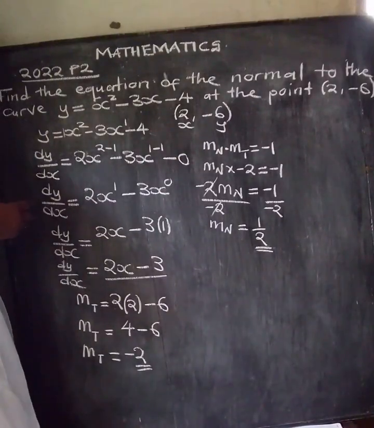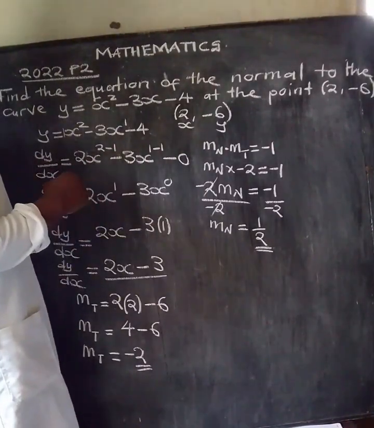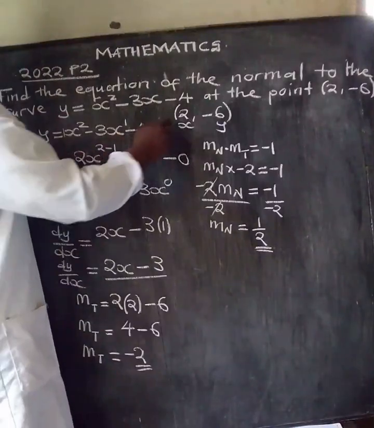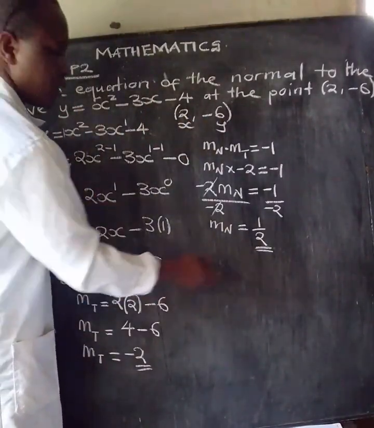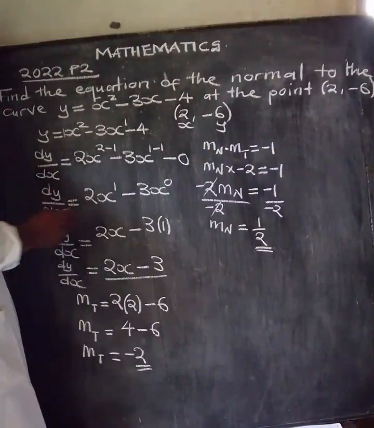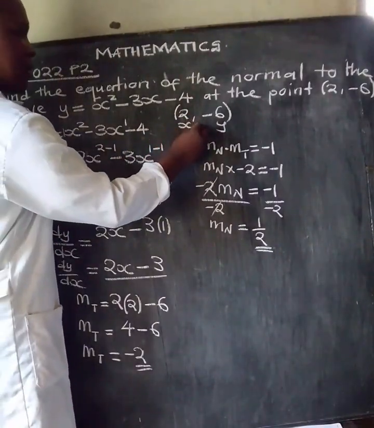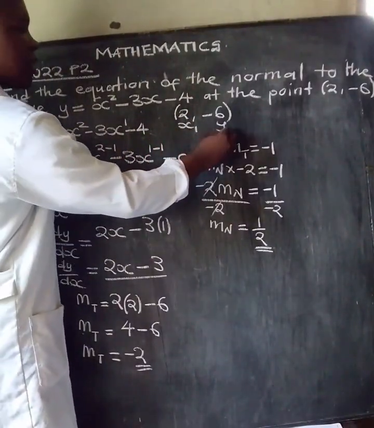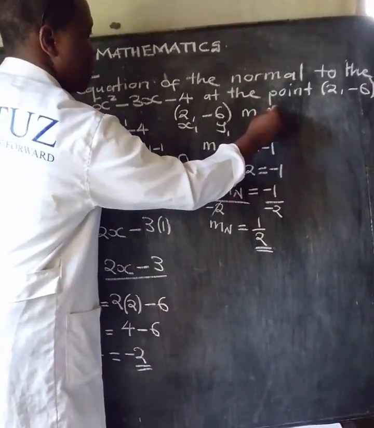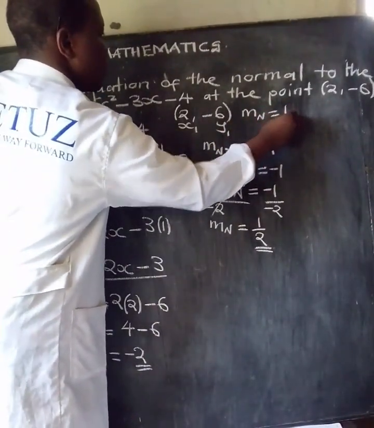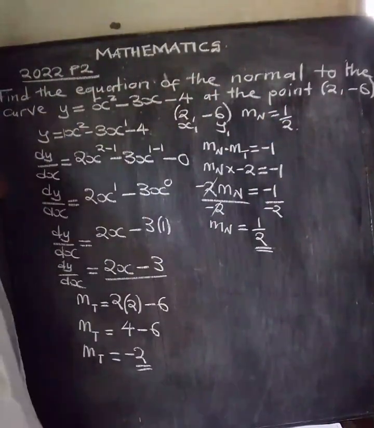We have the point which is 2 comma negative 6. We also have the gradient of the normal to be 1 over 2. So we are going to consider this as our x1, then this one as our y1, plus we have the gradient of the normal, which is 1 over 2.